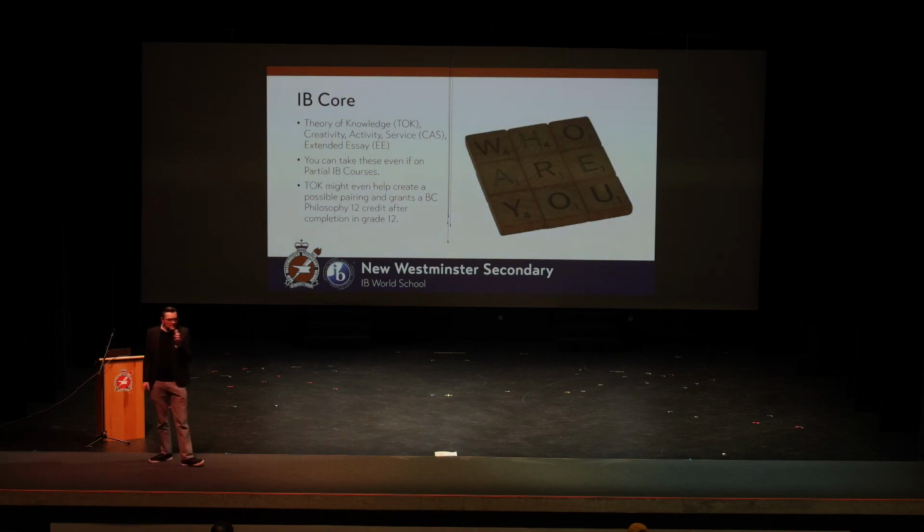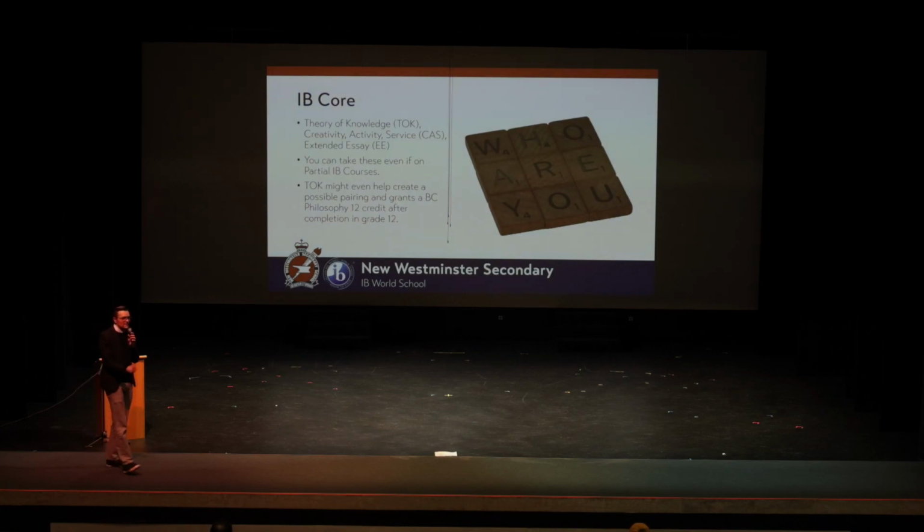And then for diploma students, what they are also part of is what we call the IB Core. So diploma students are also enrolled in a course called Theory of Knowledge, which is all about making connections to their other subjects. So in Theory of Knowledge, when we talk about math, for example, we don't do the equations, but we talk about where those equations came from.